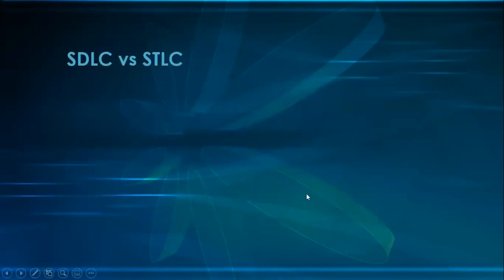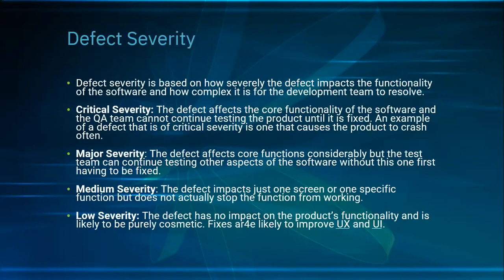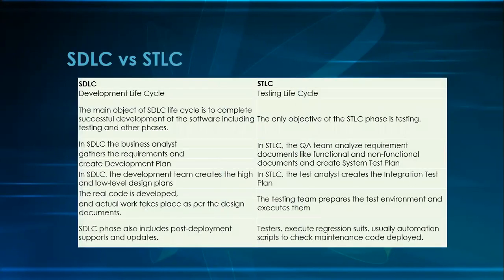So that's it. Now that takes us to the end of STLC and SDLC, but I want us to understand the difference. So what are the differences? SDLC is the software development lifecycle; STLC is the testing lifecycle, we know.